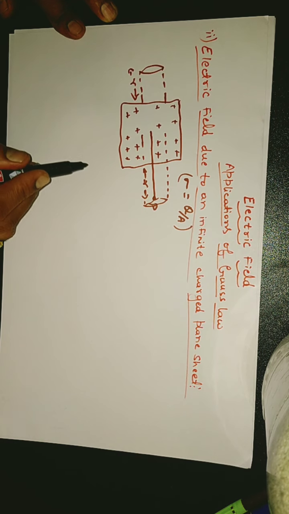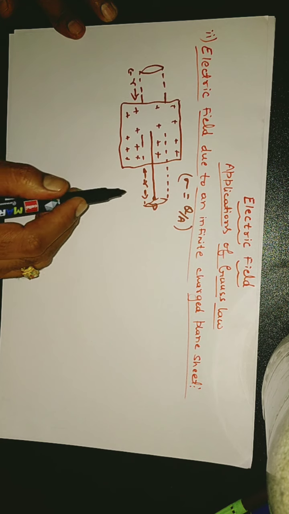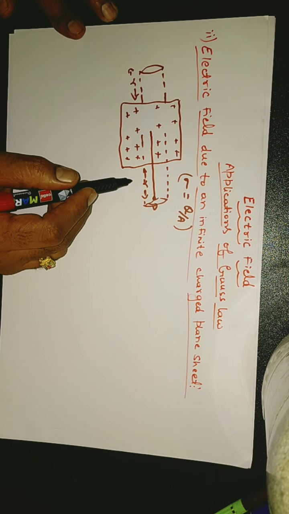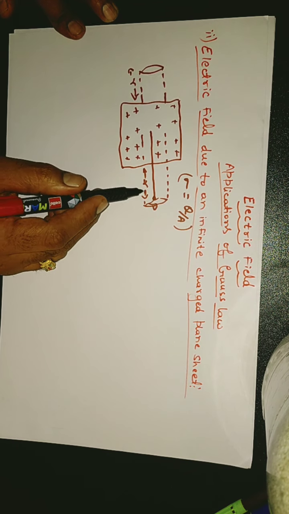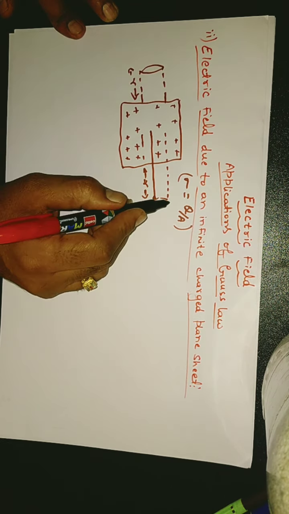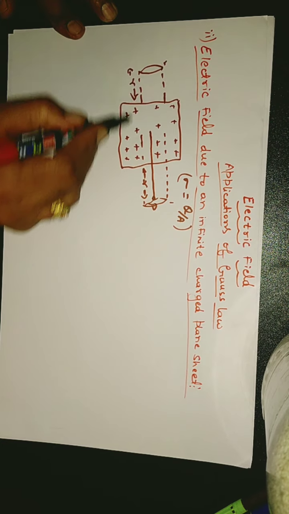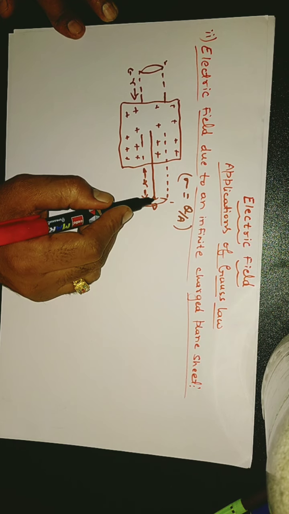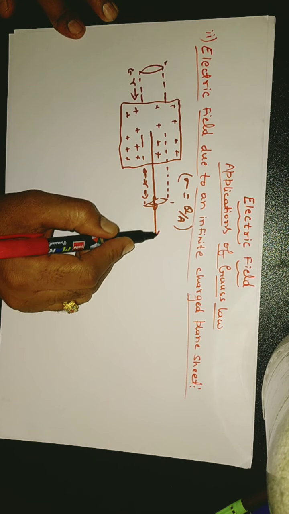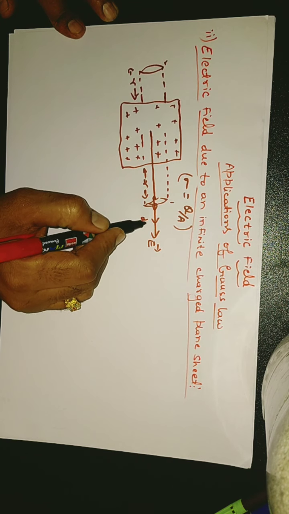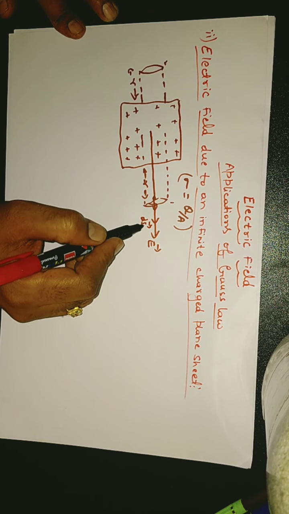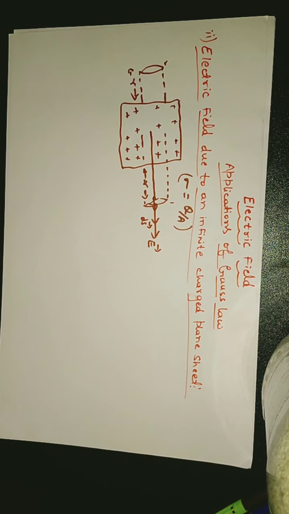It is extended on both sides of the plate, and remember here that the electric intensity due to the plate will be such that at the end caps, here you have two end caps, call them 1 and 2, the direction of the electric field will be along the normal to the surface. ds is the unit vector here, along the normal to the surface.